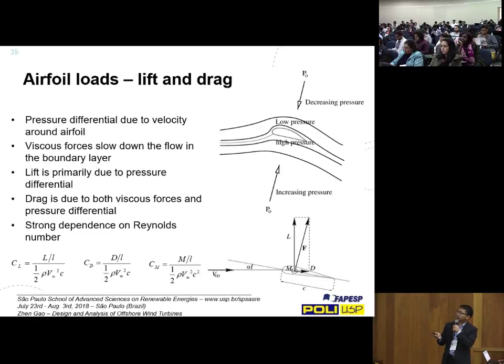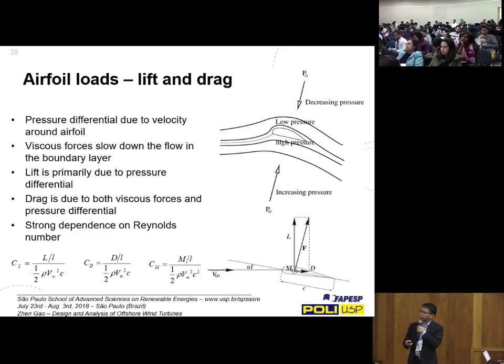The airfoil is designed so that the velocity on the top is larger, so the flow is faster, and then you get a low pressure, so you will get a lift force upwards. And then you also have a drag force. The lift force is basically perpendicular to the inflow velocity, and drag is just along the direction of the flow. And these are the basic lift and drag forces, and you also get a moment coefficient.